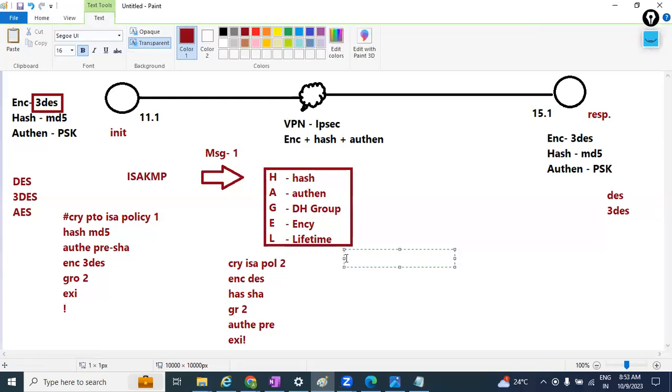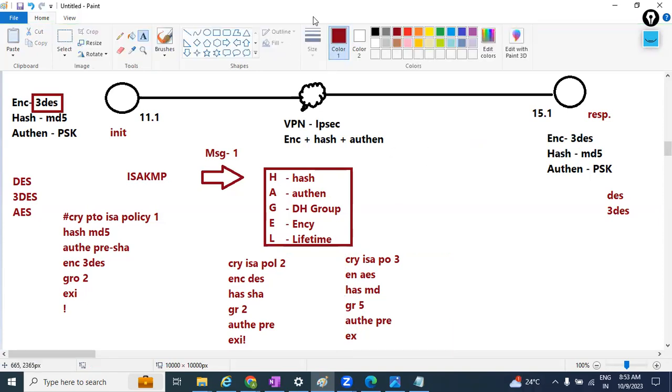One more option I'll create, crypto ISAKMP policy 3. Encryption AES, hashing MD5, group 5, authentication. Let's consider this time I'm using pre-share, and exit. So how many options do we have? 3.